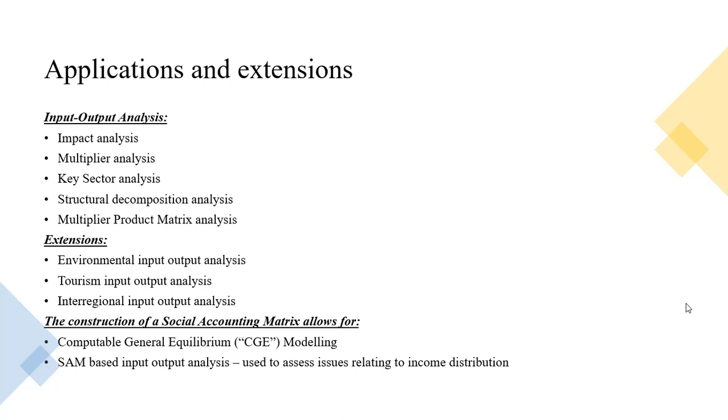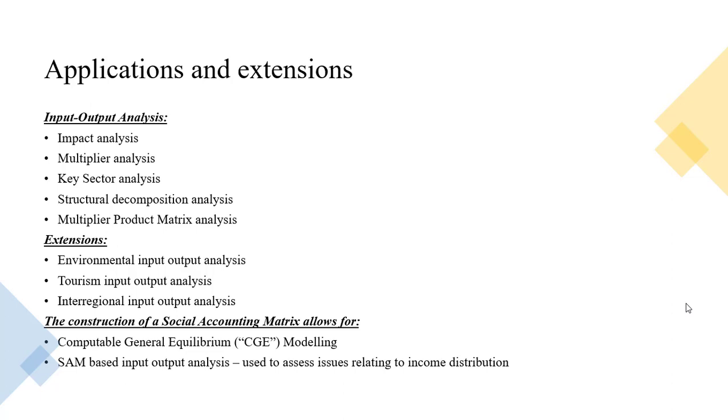Multiplier analysis and key sector analysis tell us which sectors are the most prominent in a specific economy. We can also see which sectors consume the most energy. Directly we will know, but indirectly we would not be able to know. So basically input-output gives a picture of both direct and indirect effects.